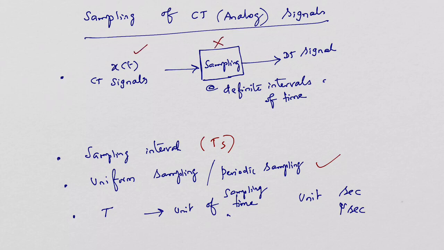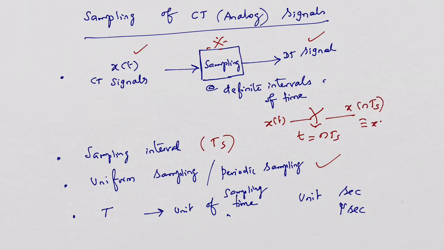The process will be sampling, and the output will be discrete time sequences. The sampling process is modeled by a switch which is closed once in a finite interval of time, so that x of t will be converted into its equivalent x of nTs sequence.